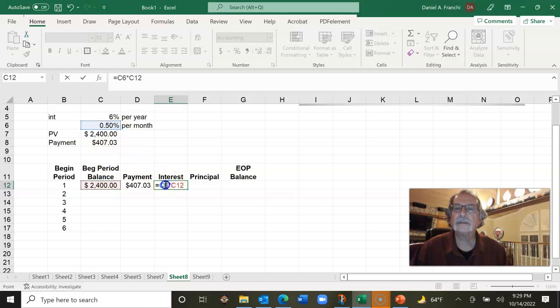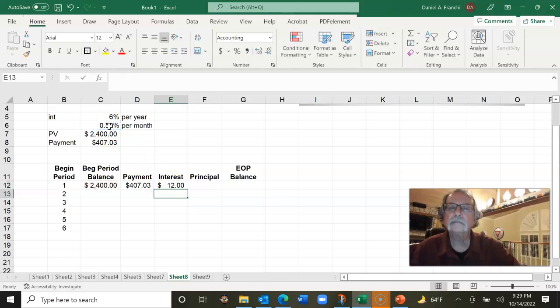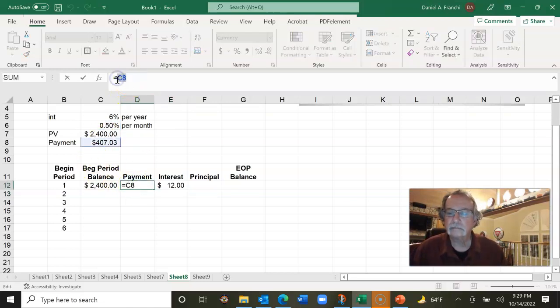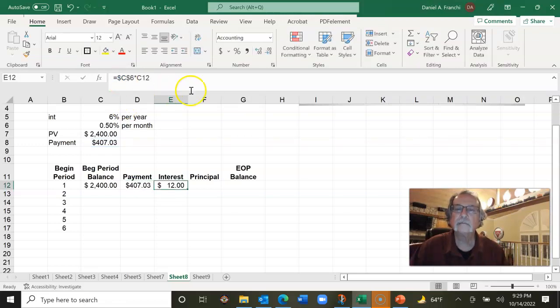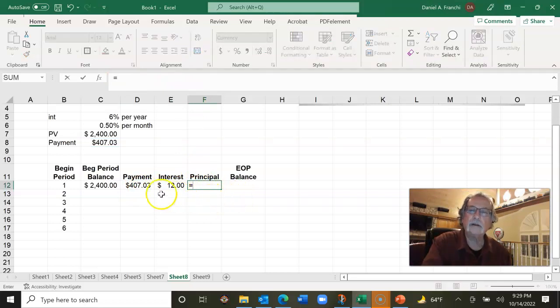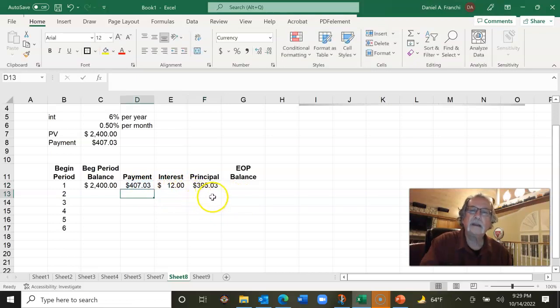Let's tag that 0.5% so we can copy it down. Now the principal: we're paying $407, so the amount we're paying on the loan is $407 minus the interest, $395.